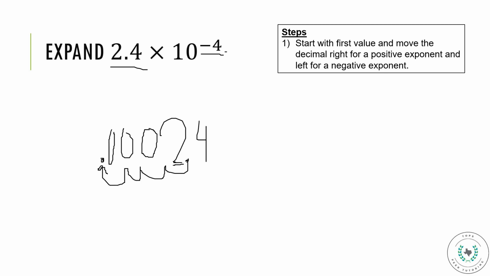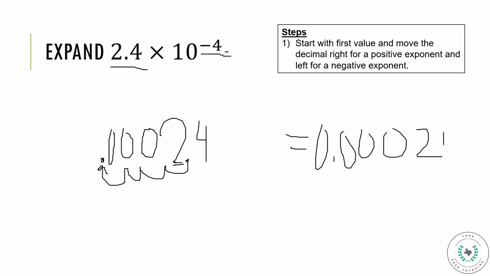And then you know that your answer is 0.00024. Or you could just say .00024. It doesn't matter. Once again, I'm only putting that 0 with the decimal point after it there because that's how most people write decimals.